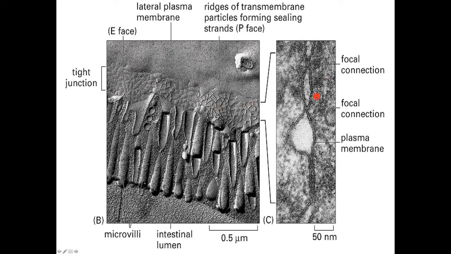Here in the transmission electron micrograph, you can see regions where the plasma membranes, one cell here, another cell here, have actually fused, as shown here. Here there's a space between the plasma membranes, here fused again, here space, here fused again, here space. So if I were to go over to this side of the micrograph, the ridges here, or these rows, represent the fusional portions of the junctions, and these spaces here would represent the spaces you see here on a transmission micrograph.